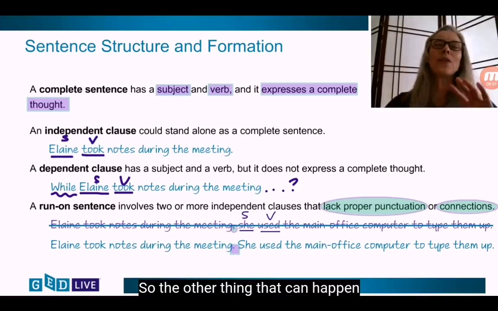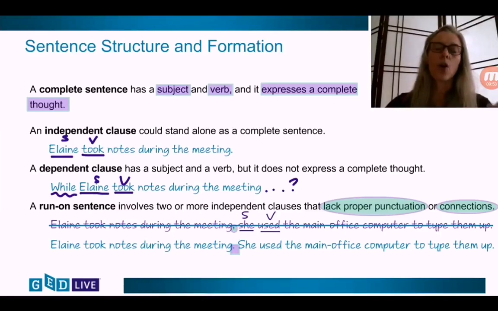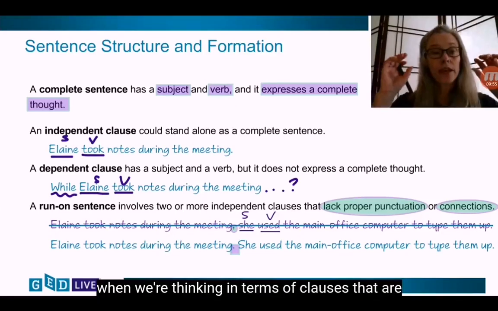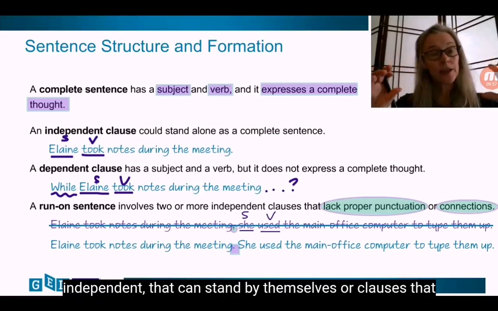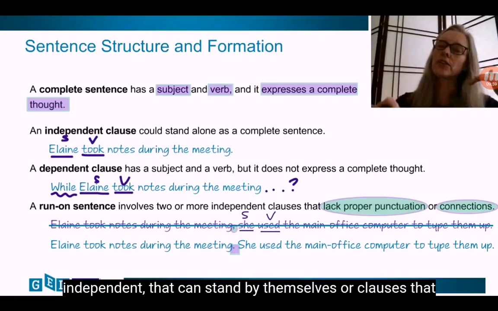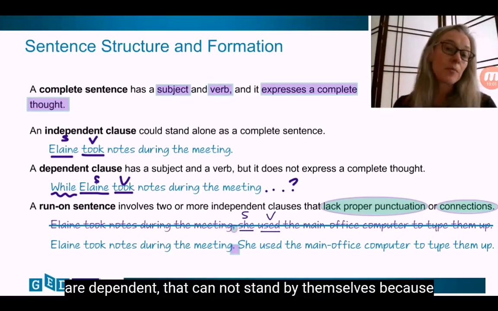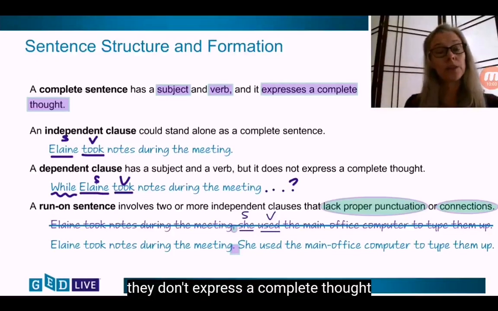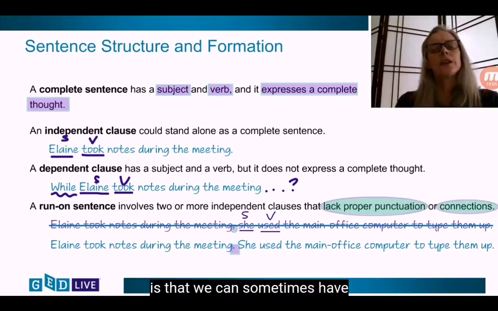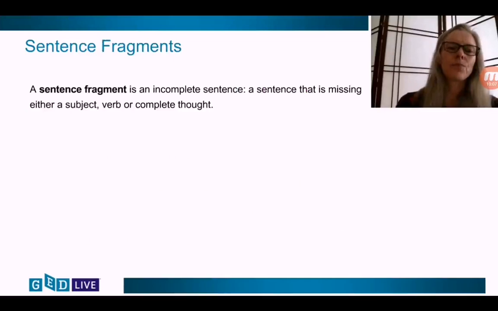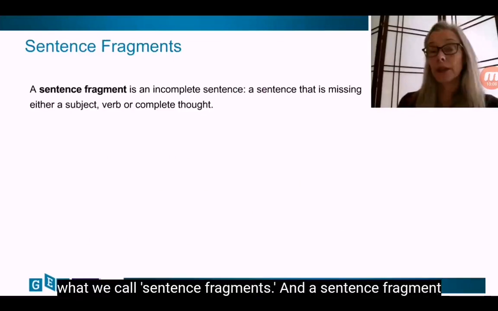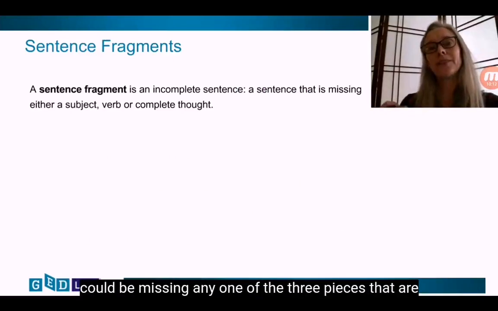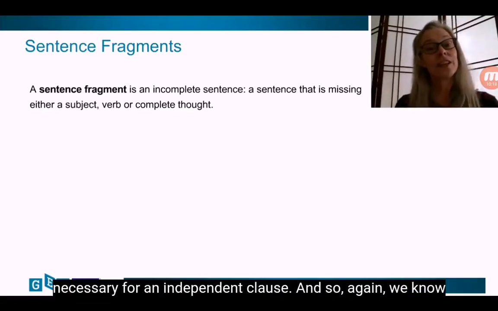So the other thing that can happen when we're thinking in terms of clauses that are independent, that can stand by themselves, or clauses that are dependent, that cannot stand by themselves because they don't express a complete thought, is that we can sometimes have what we call sentence fragments. And a sentence fragment could be missing any one of the three pieces that are necessary for an independent clause.